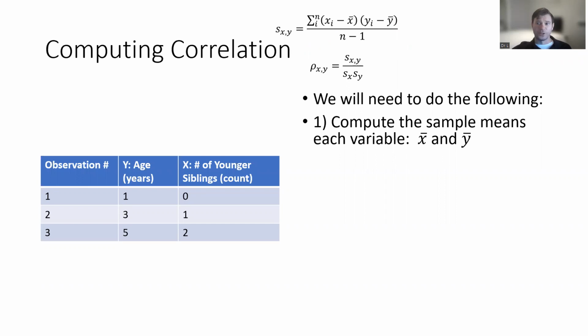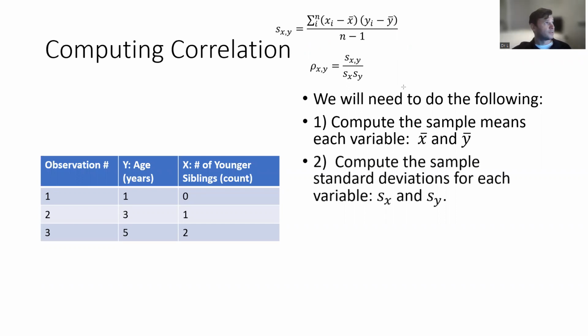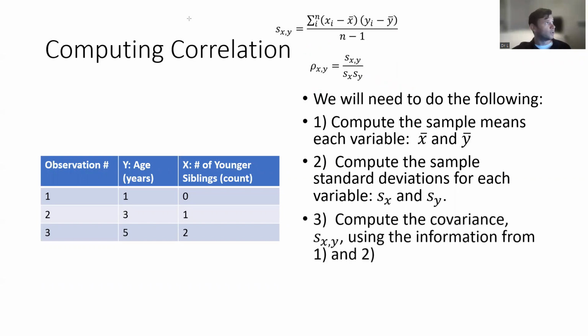Okay, the next thing we're going to do before we even calculate the covariance is take the other low-hanging fruit, which is we're going to estimate the standard deviation of the number of siblings and the standard deviation of the age. Once we got both of those things done, then I think the next natural step is we will compute the covariance using our results from 1 and 2. Really, just from 1.